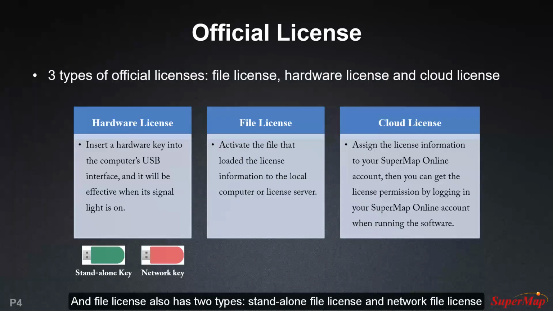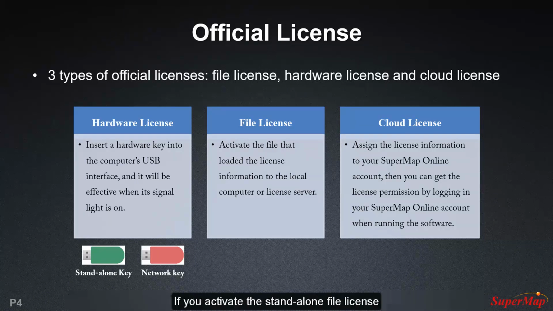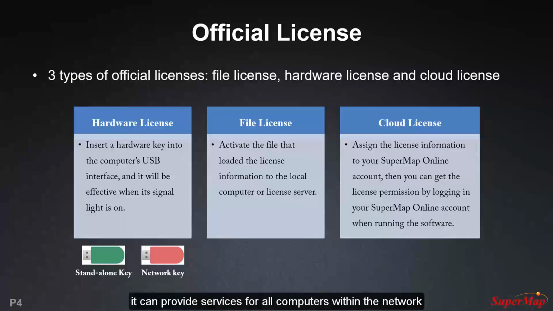And file license also has two types: standalone file license and network file license. If you activate the standalone file license, it can provide services for the local computer. If you activate the network file license, it can provide services for all computers within the network.